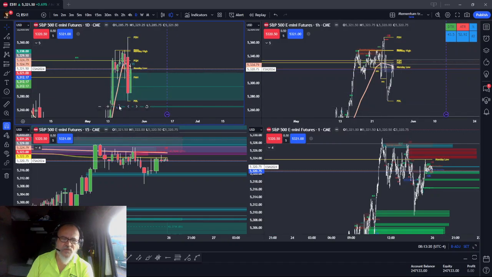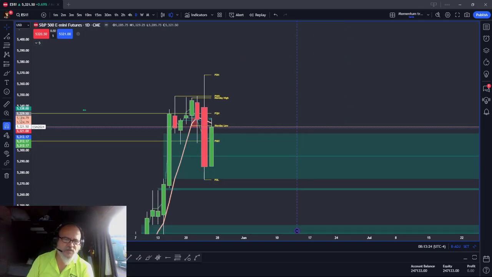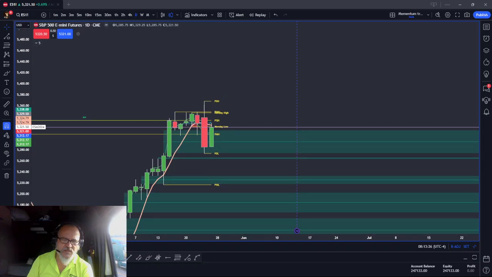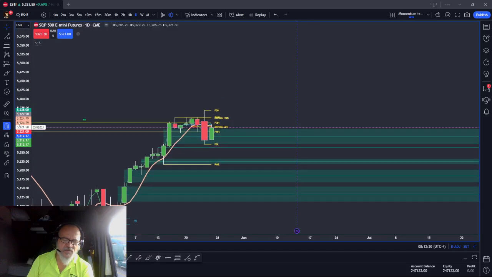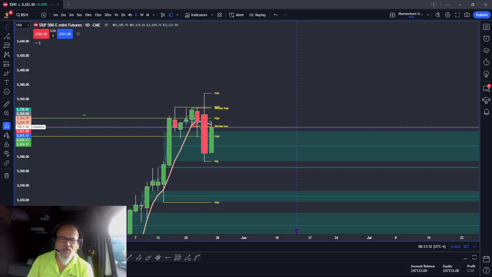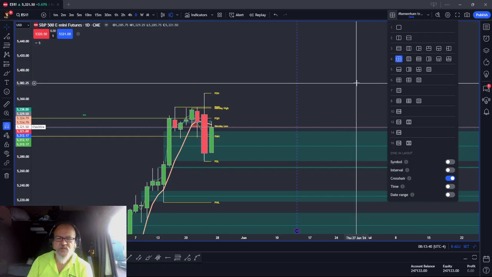And let's see where we're at on the ES, which should be pretty close to the same as NASDAQ. Well, look at that. All right. We're going to do something here. Turn the symbols off.